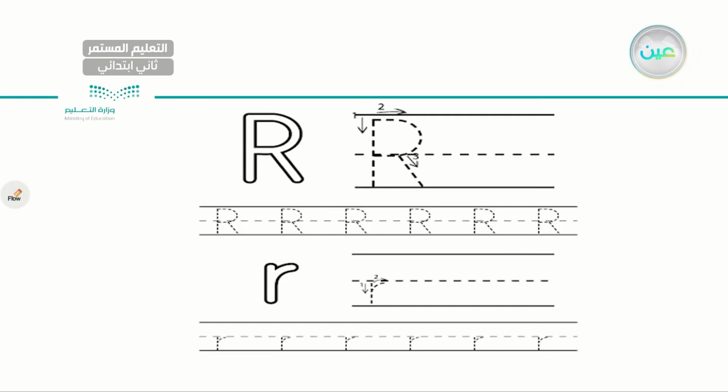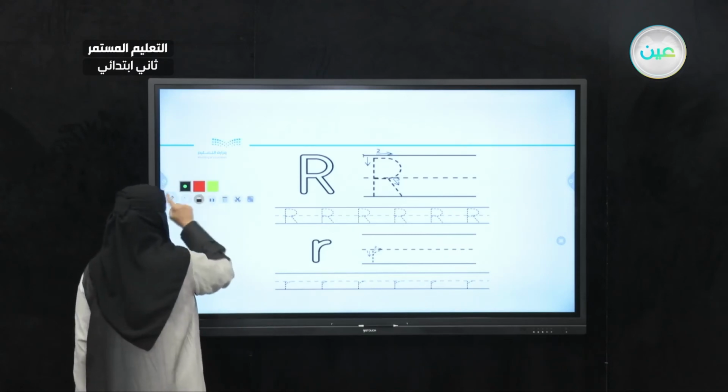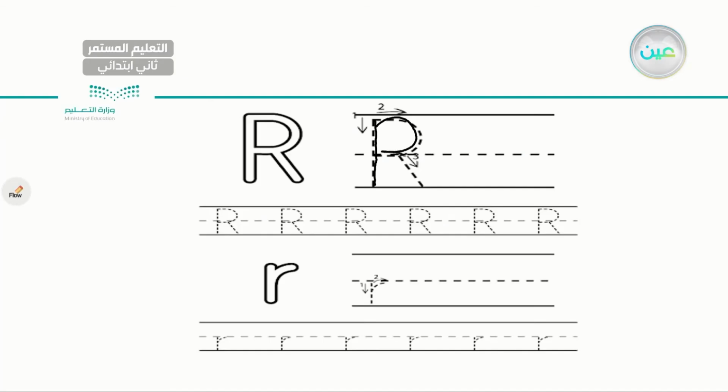Now let's learn how to write capital R and small r. Go ahead. R, capital R. Don't forget, go ahead and follow the arrow and make sure you are writing between these specific lines.